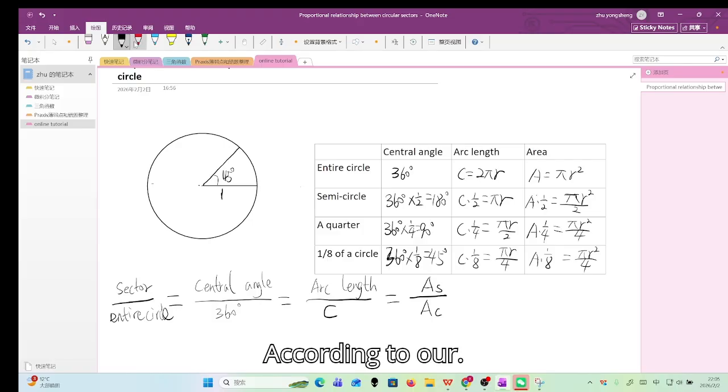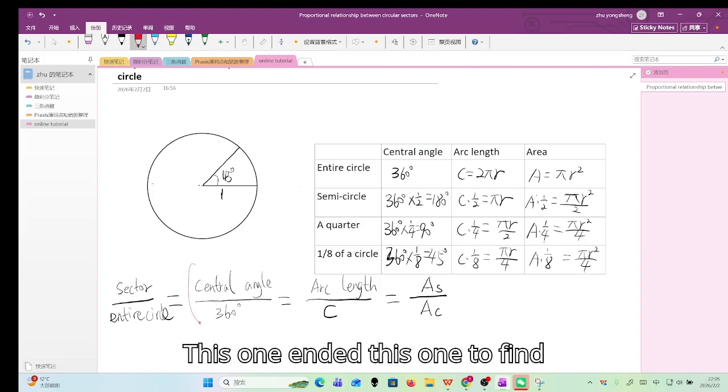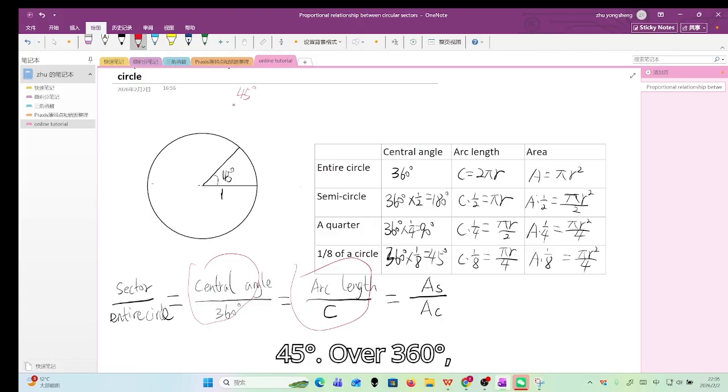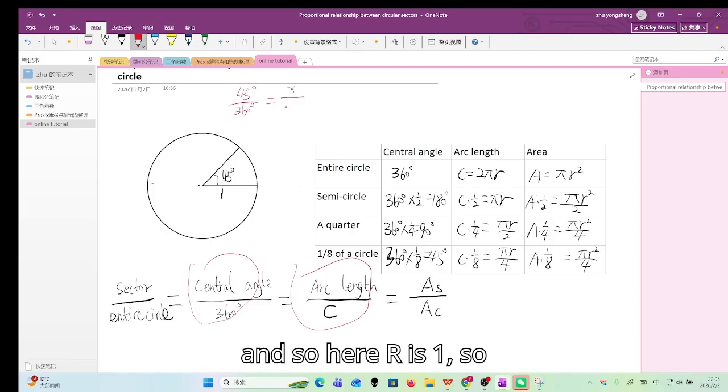According to our equivalent ratio here, we choose this one and this one to find arc length. So the central angle is 45 degrees over 360 degrees, that equals the arc length x over the circumference, which is 2 pi r. Here r is 1, so it's 2 pi.